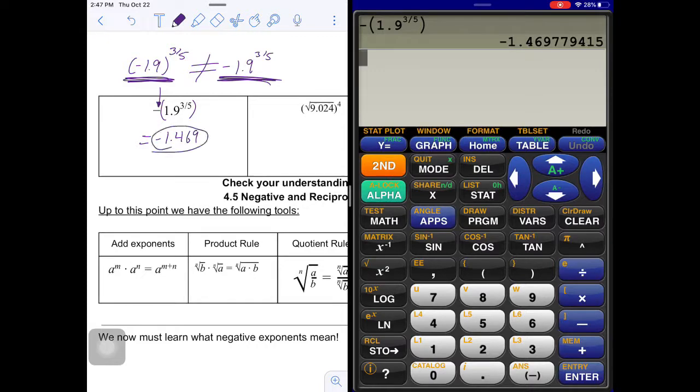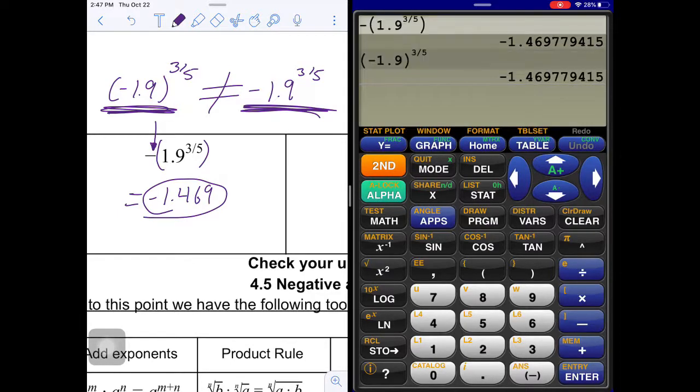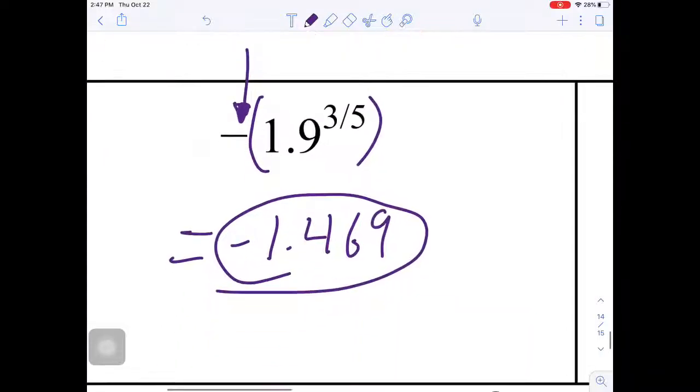Why did I utilize those brackets? Because if I see it as negative 1.9 to the power of 3 over 5, this actually will be the same thing because we're dealing with odd numbers here, right? So hopefully that made sense.